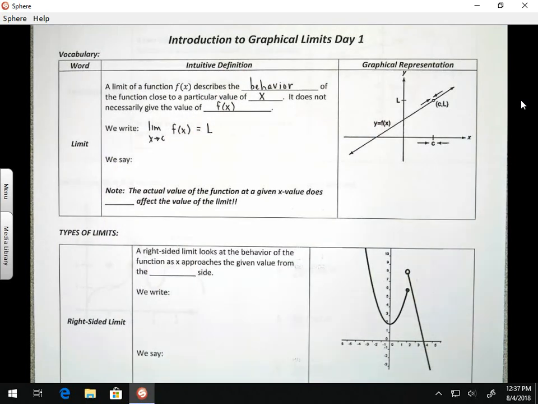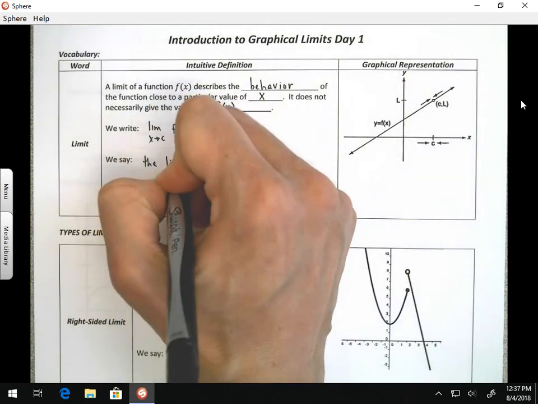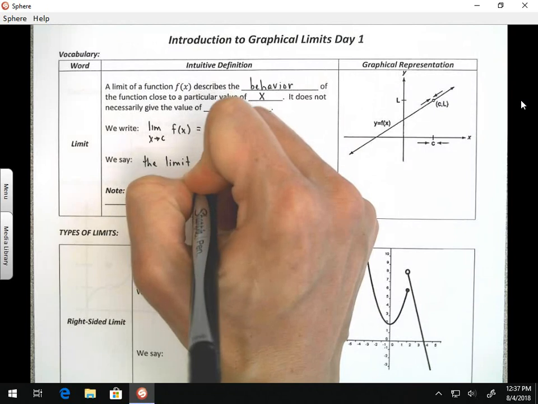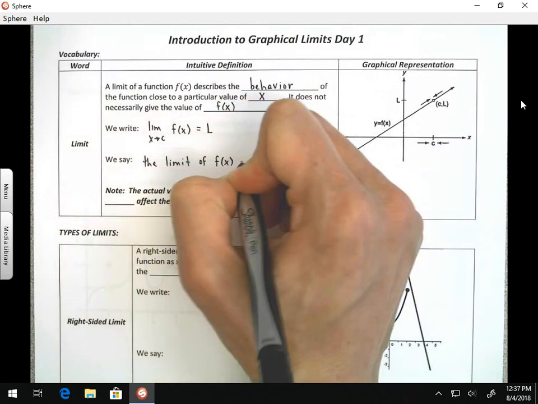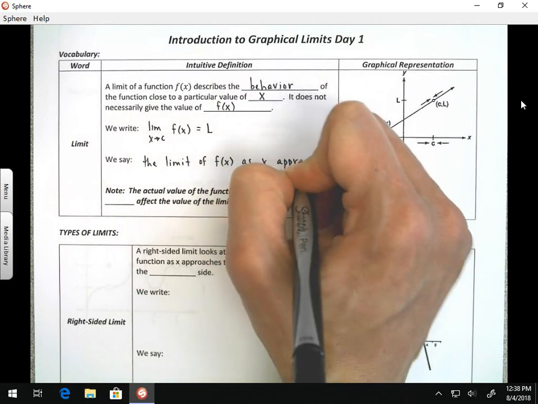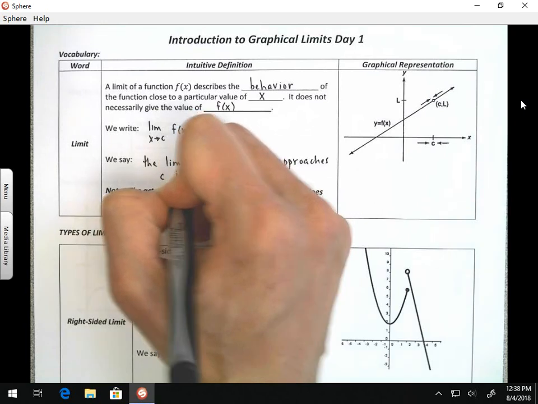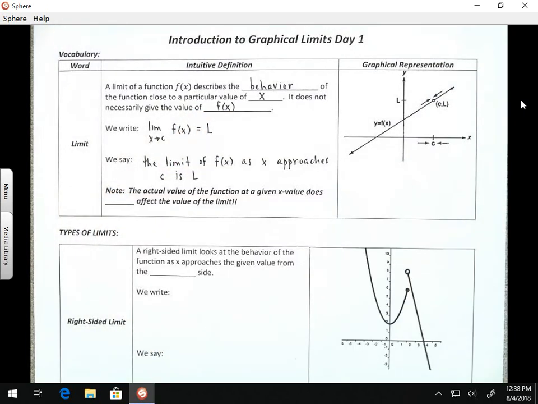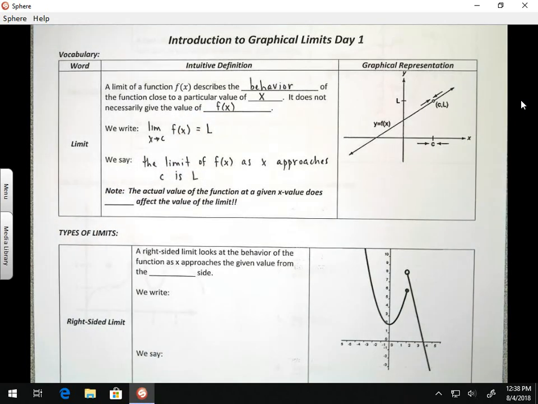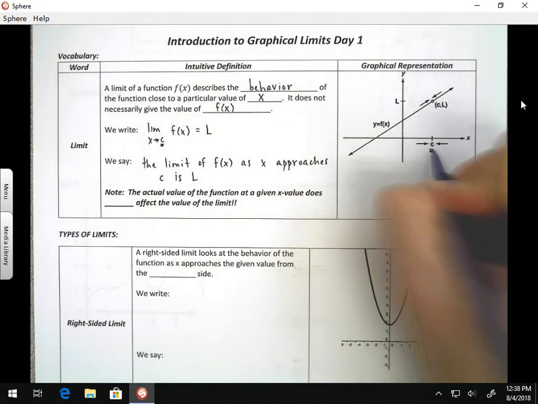And here's what we would say. We would say the limit of f of x as x approaches c is L. And here's really what that's saying. This is specifying an x value, which we can see here in our picture.